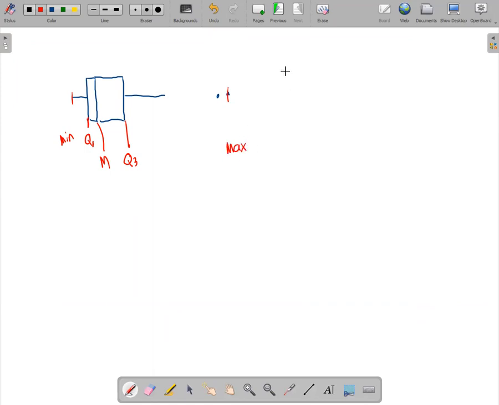And I mentioned earlier there are 5 quartiles, but there are only 4 quarters. Okay, so a quartile is an endpoint of a quarter. The min is the 0th quartile, so I'm going to call the min also Q0. Then there's Q1, the first quartile, the end of the first 25%.